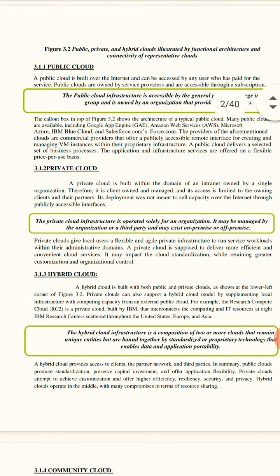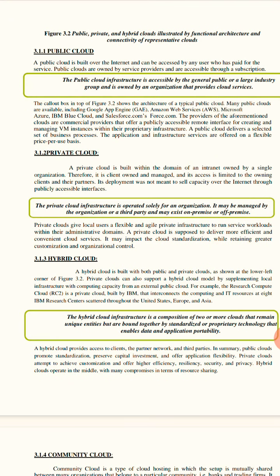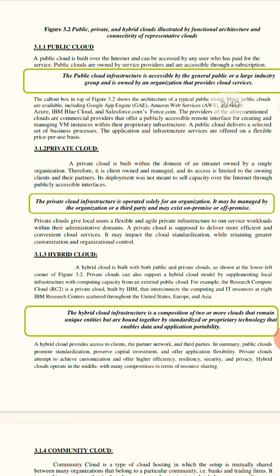Now we will see what is hybrid cloud. In some organizations, if the organization wants some data stored at public level and some data to store in private level, then they use a hybrid cloud.